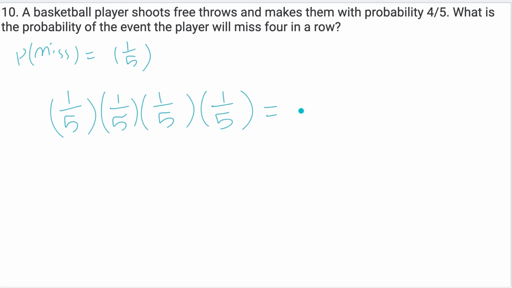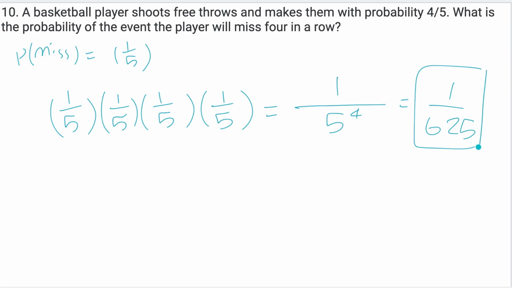So the probability he will miss all 4 in a row will be this. 1 times 1 times 1 times 1 is 1, and 5 to the 4th is 625. So the probability he will miss 4 in a row is 1 out of 625.